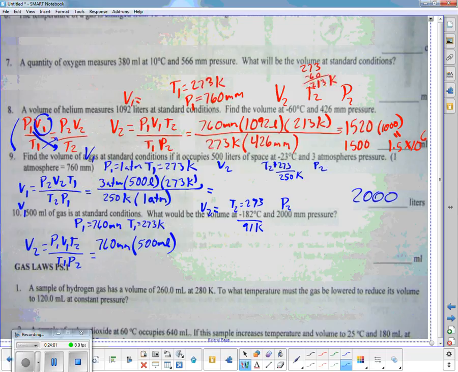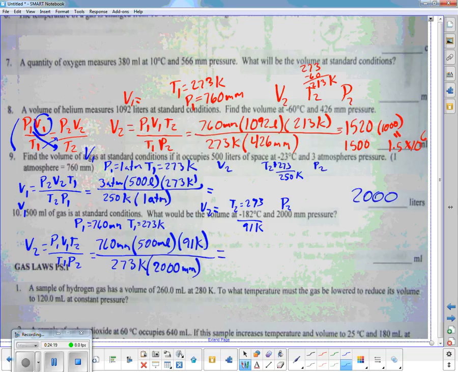Times V1, T2 91 K, divided by T1 273 K times pressure 2, 2,000 millimeters mercury. That is a lot of pressure. No, actually things are getting majorly squashed. Oh, my. Is it 260? Okay, I got a 60. It's over 9, so twice.